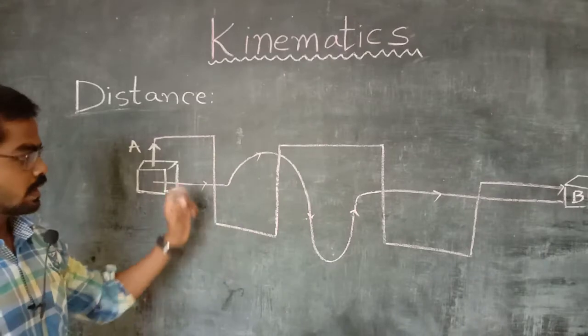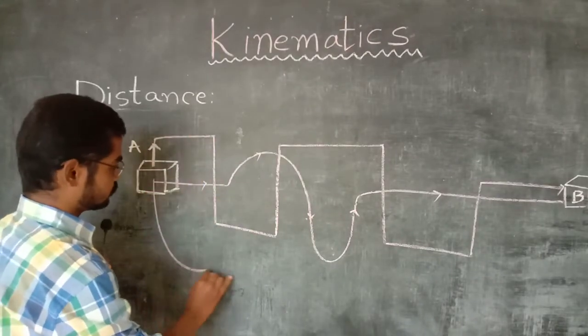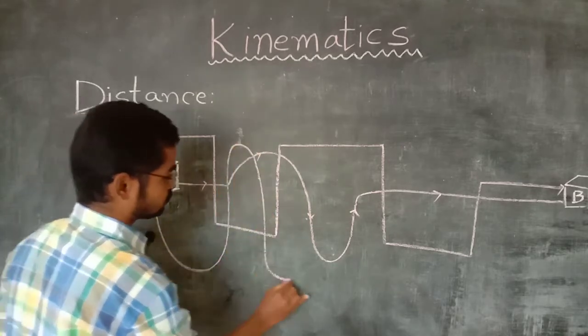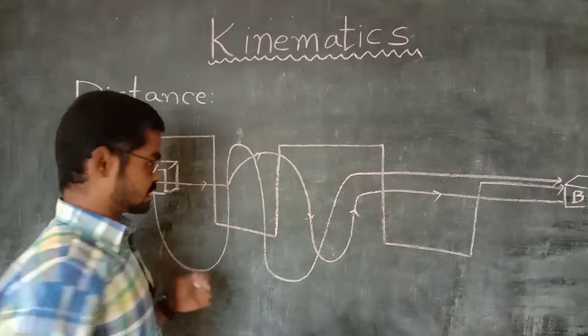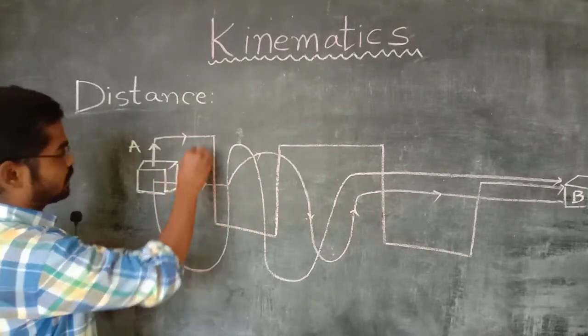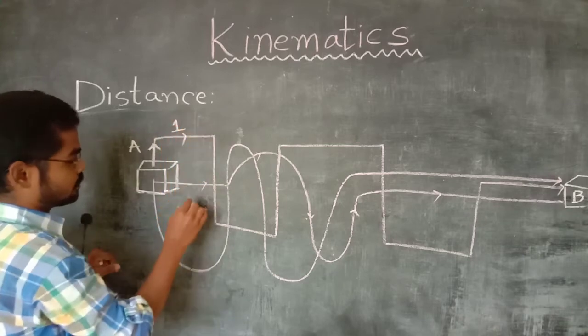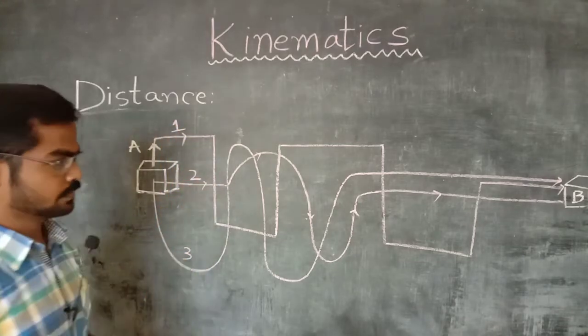And so on, I can reach in many ways. So I can reach from A to B in the first manner, the second manner, and the third manner.